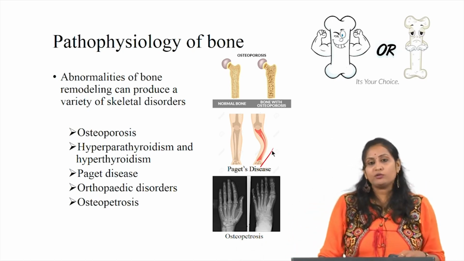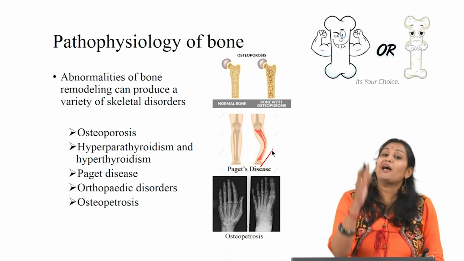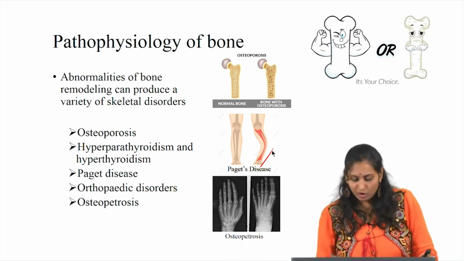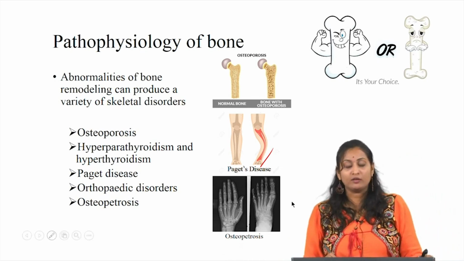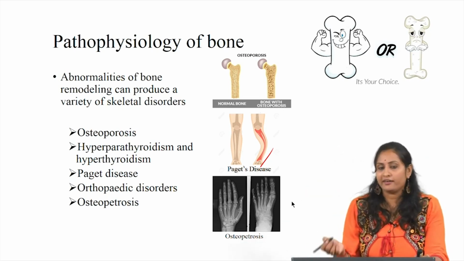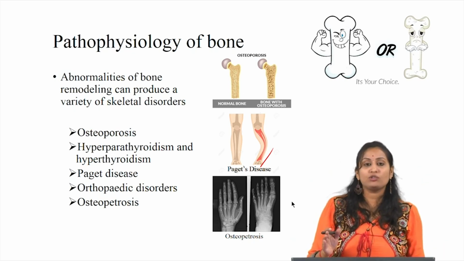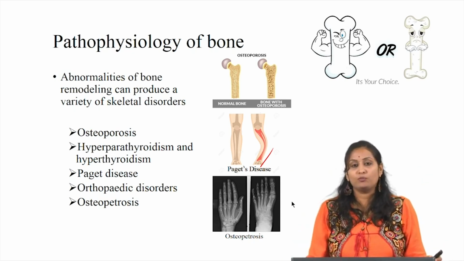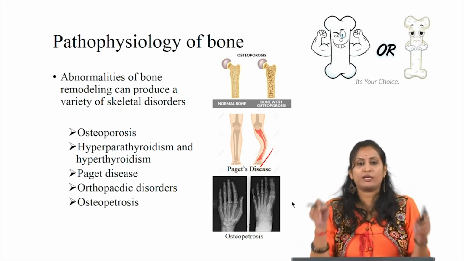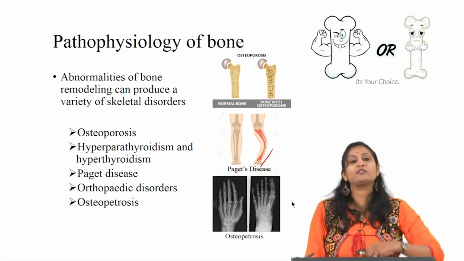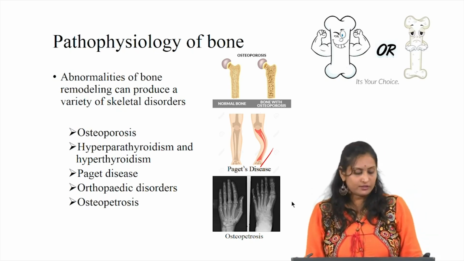In osteopetrosis, there is loss of osteoblast function. Bone formation is not that great when compared to bone resorption. So, there should be a balance between the formation and the resorption of bone in order to maintain a proper shape of the bone. Otherwise, it will lead to a variety of skeletal disorders.